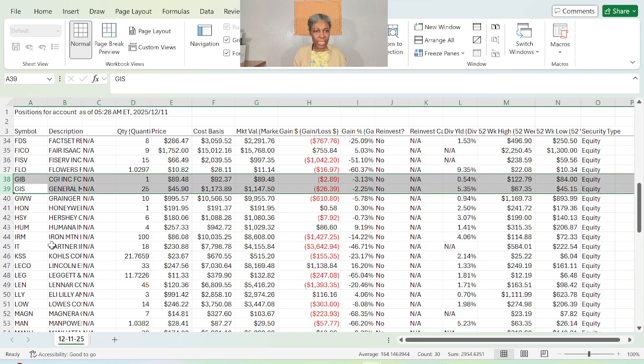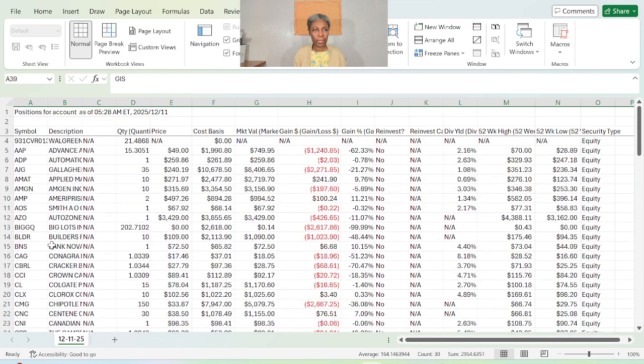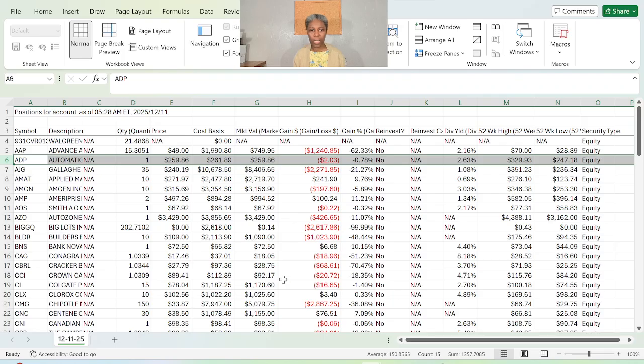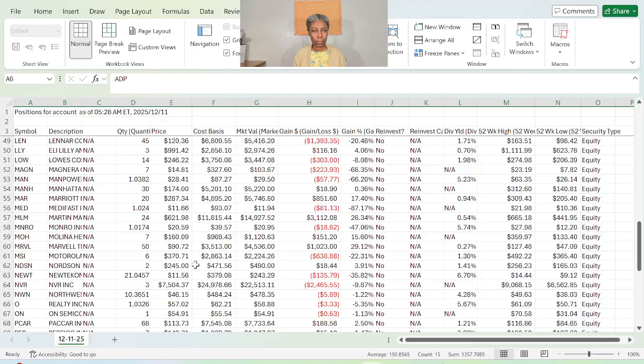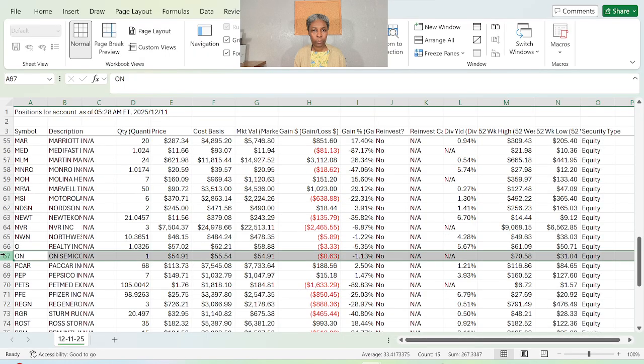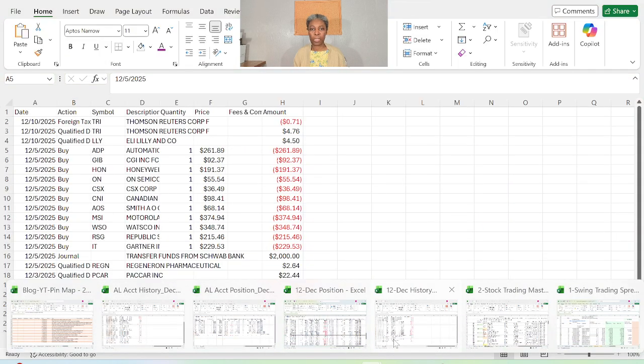I think I saw ADP as well. ADP is a little bit negative there, I'm okay with it. I think I saw ON as well. ON is a little bit negative there, and I'm okay with it.